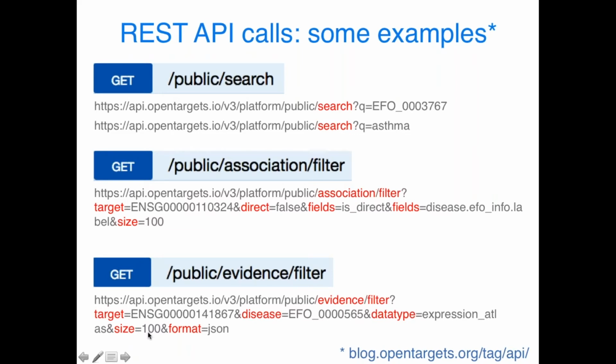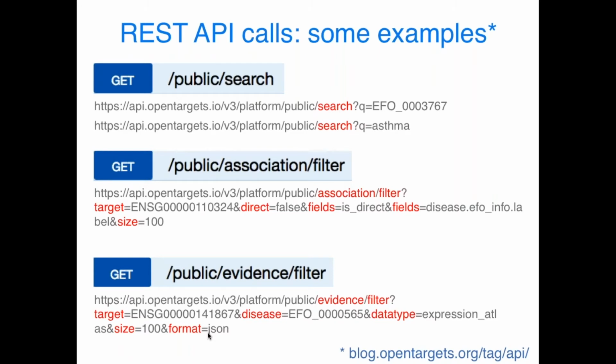I'm interested in retrieving up to 100 results, in JSON format. We support different formats, so JSON is not the only one. We do have XML, CSV, and tab delimited as well.